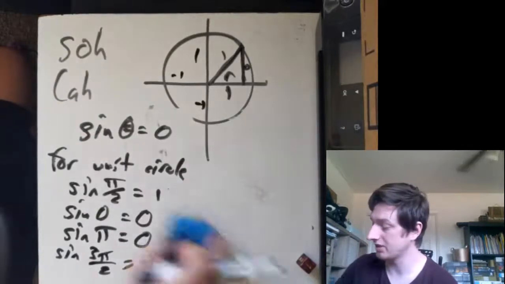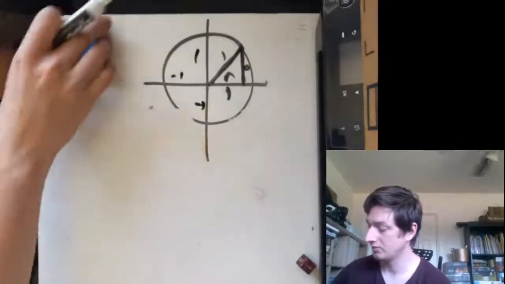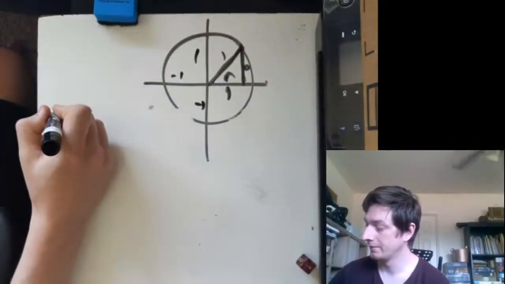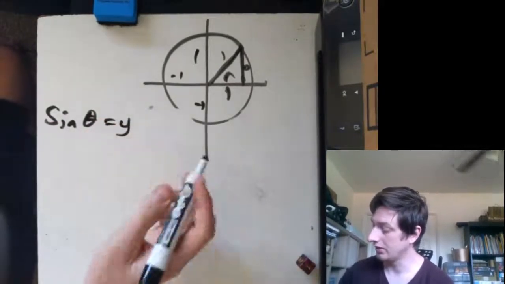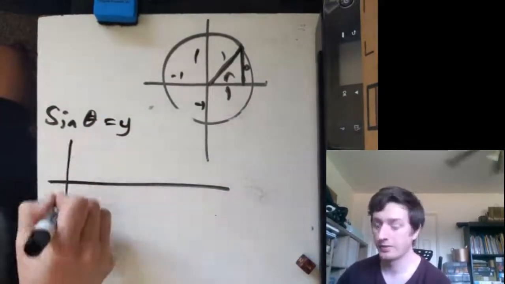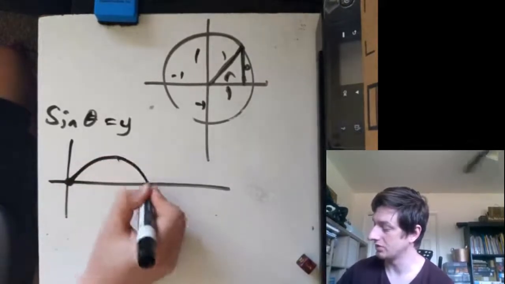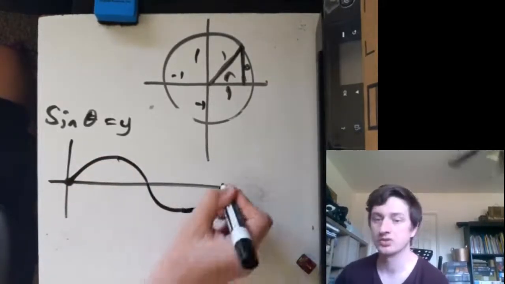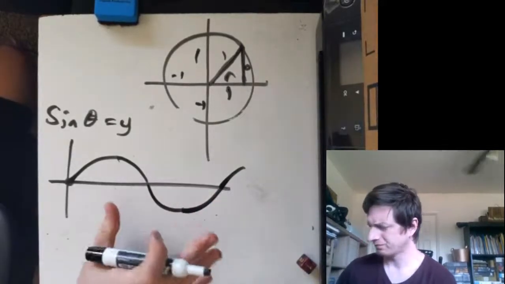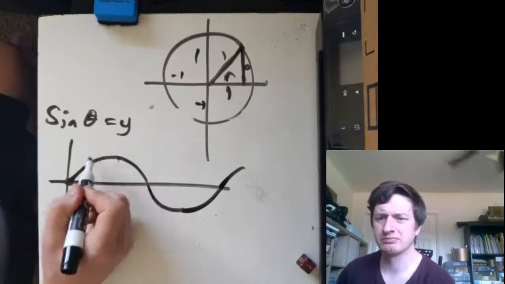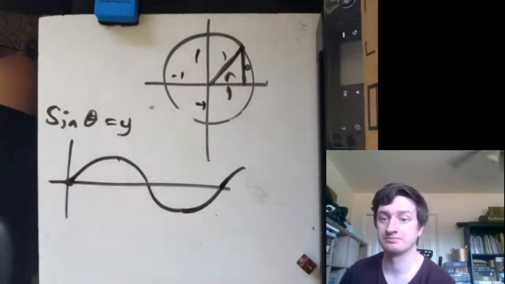So when we're graphing sine of theta equals y, it's going to look like it starts at 0, goes up to 1, goes back down to 0, goes to negative 1, and so on. It's got this curved shape. These curves aren't super accurate. This is not exactly what it looks like, but it's pretty close. It goes up, and then it goes down.